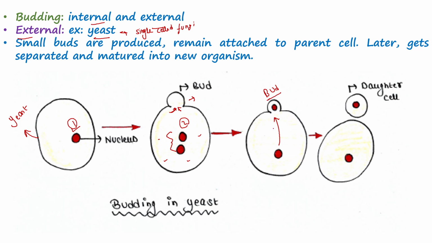This is obviously the external bud, since budding occurs outside the cell. Now this bud gets separated from the mother cell like this and matures into a new organism, or you can say the new yeast.